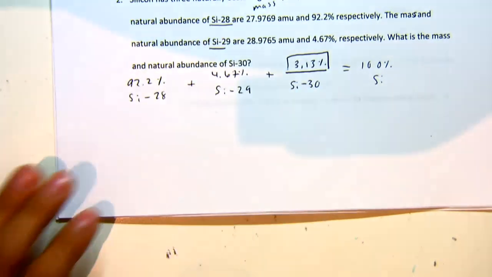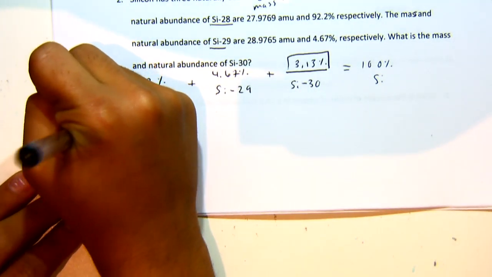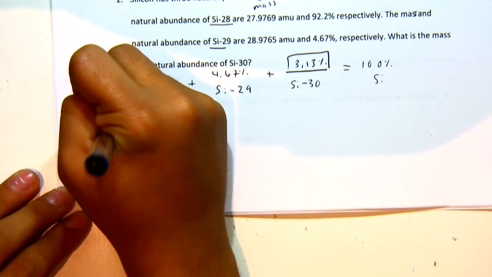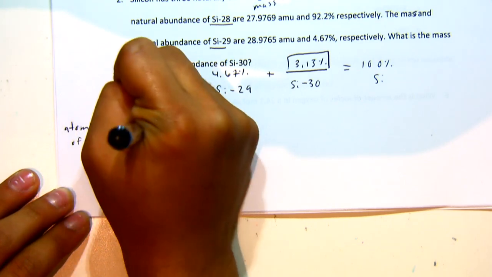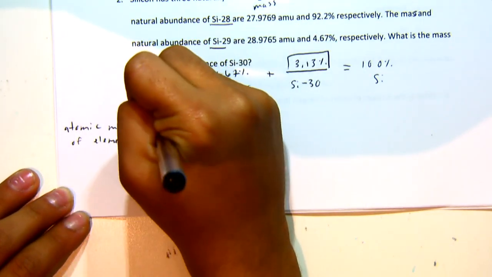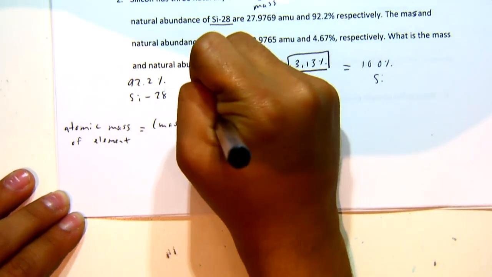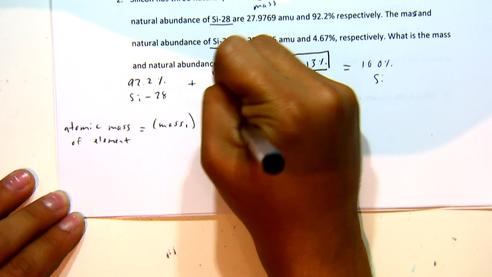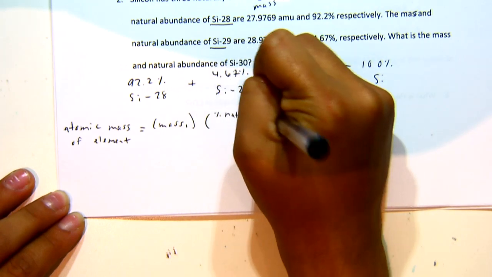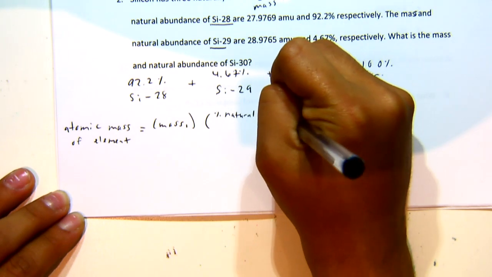So this is that formula from, like I said, what feels like years ago. That is, the atomic mass of an element equals the mass of the first isotope times its natural abundance. Abundance, oh my gosh.